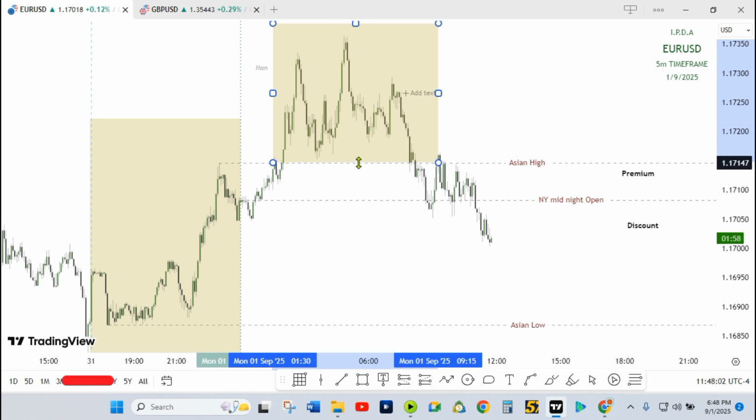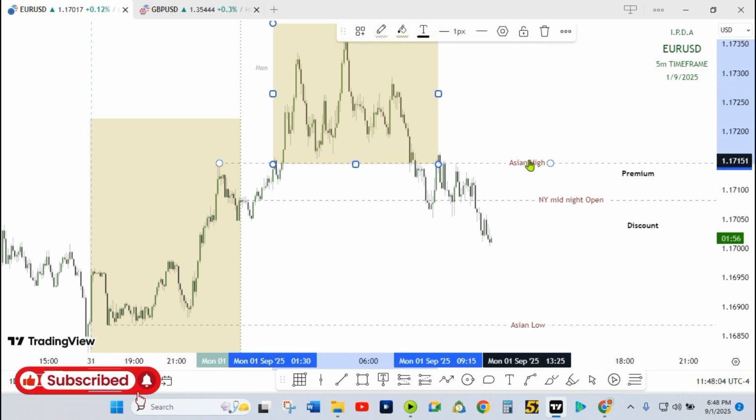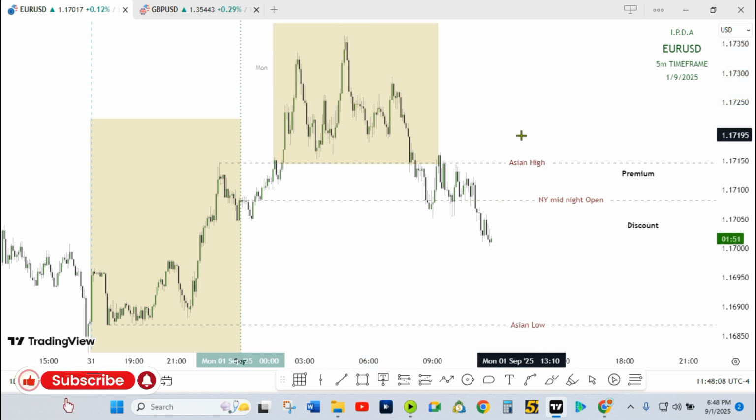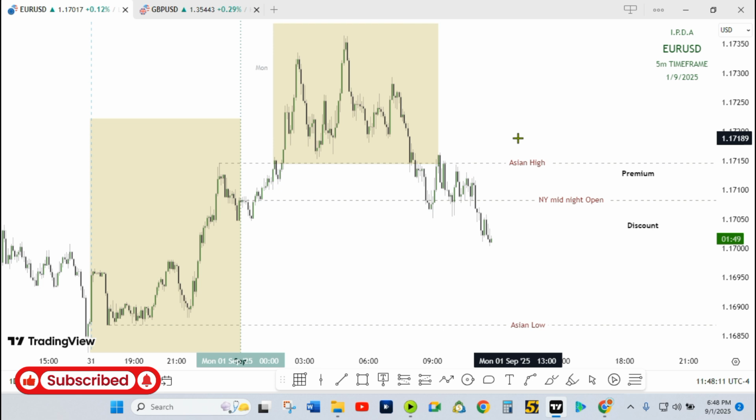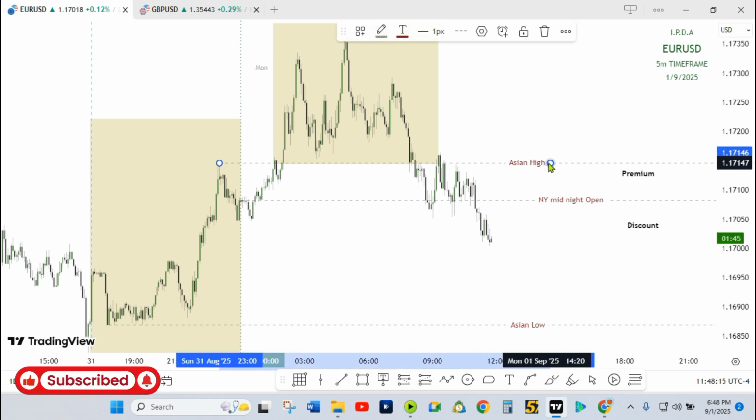All this price segment is above the Asian highs. That means we are trading above the previous quarter of the day's high.